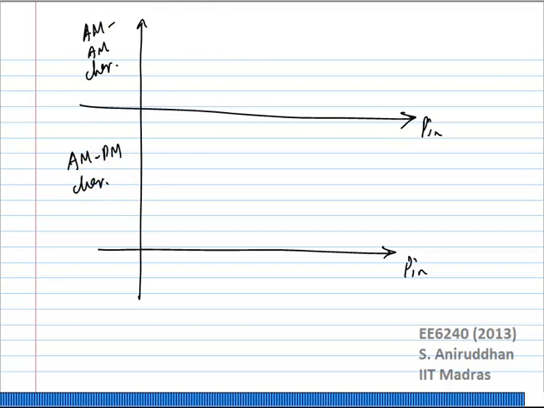As we mentioned before, you can't just look at the compression curve of the fundamental, because that will tell you about the amplitude distortion.